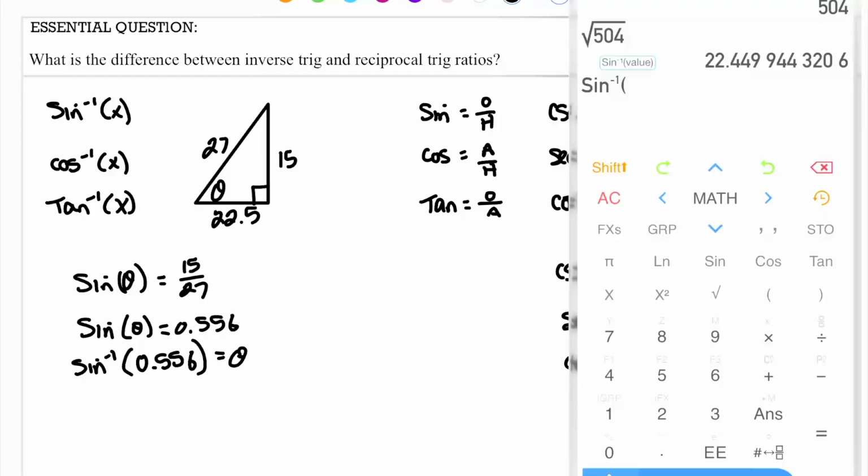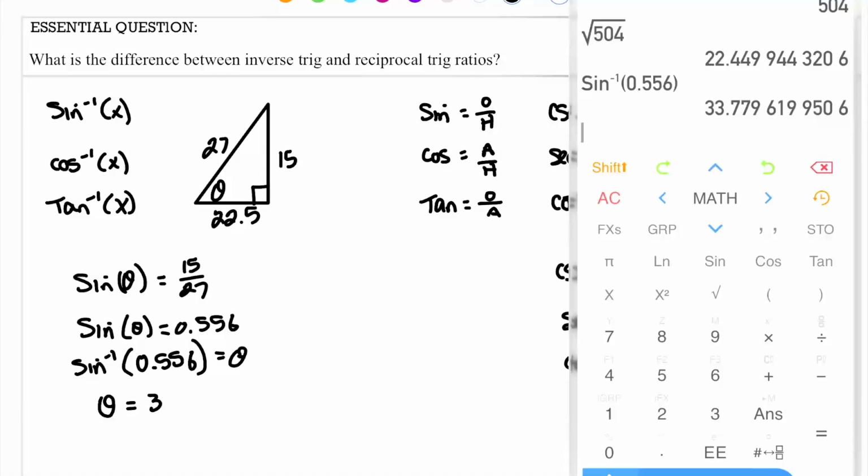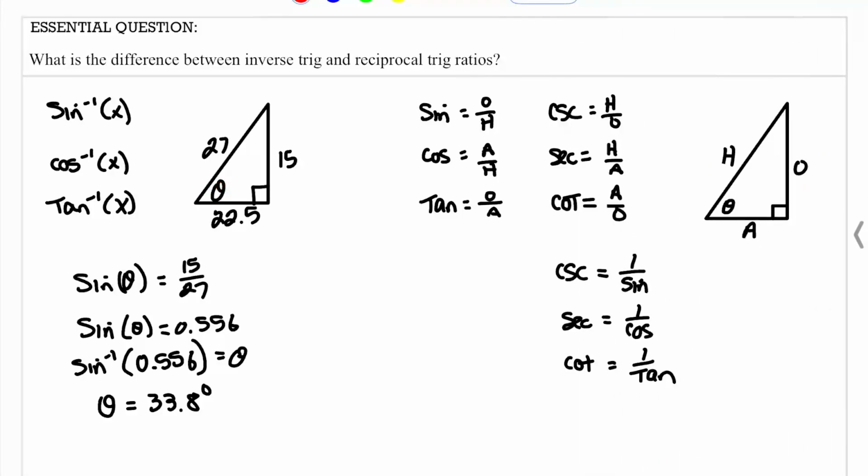So that's inverse sine of 0.556. That is going to give us the missing angle. So if we solve for that, we find that the angle is 33.8 degrees.